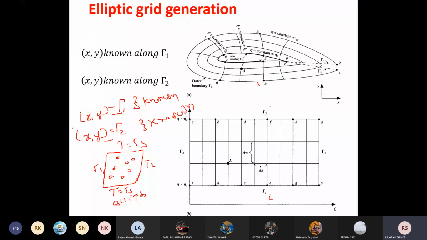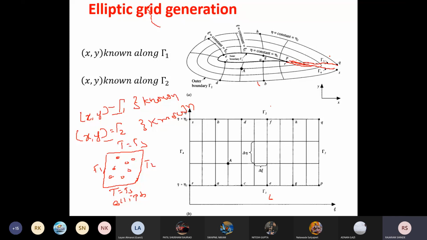You can see here these are the two boundary conditions. This one is gamma 4, and this one is gamma 3. Actually, what happens in reality is that QP and SR are the same curve in the XY plane.